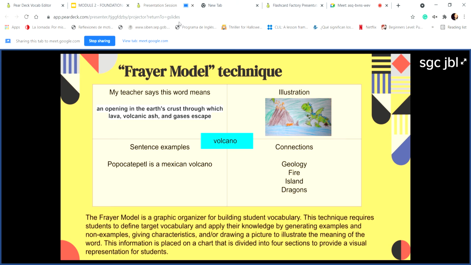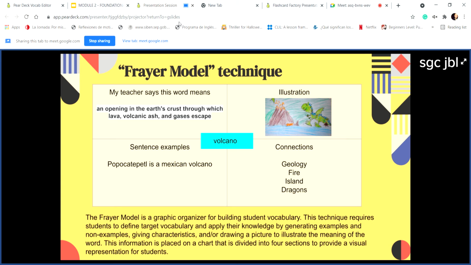Okay? So the Frayer model technique is a graphic organizer to build vocabulary, but not random vocabulary. The Frayer model gives you an opportunity to create lexicon. When we talk about lexicon, it's a different term from vocabulary, and we're going to check it in a minute.